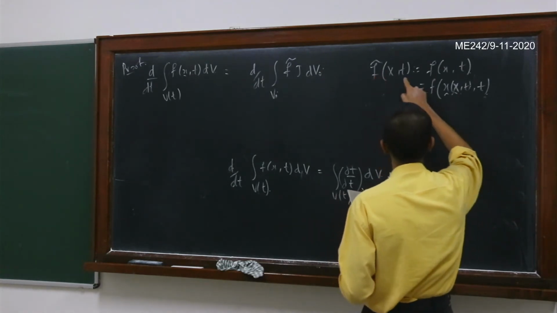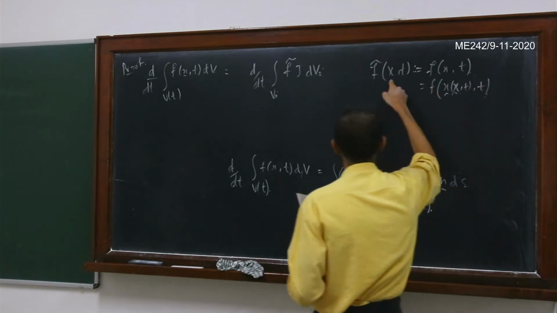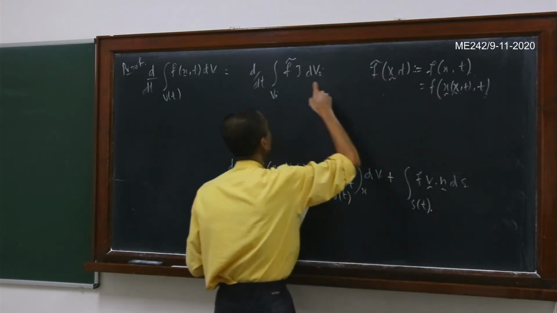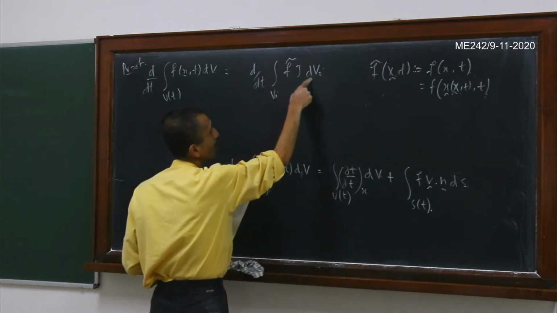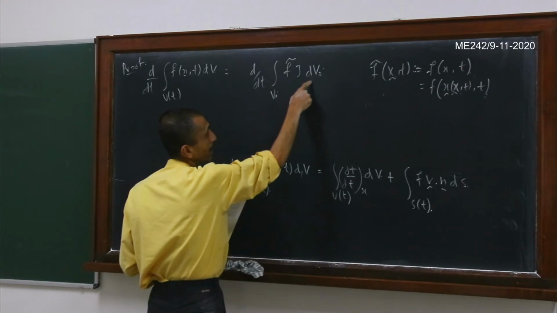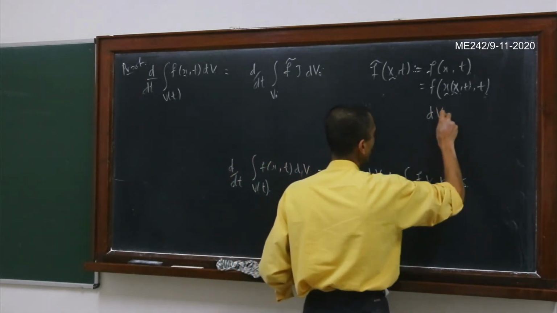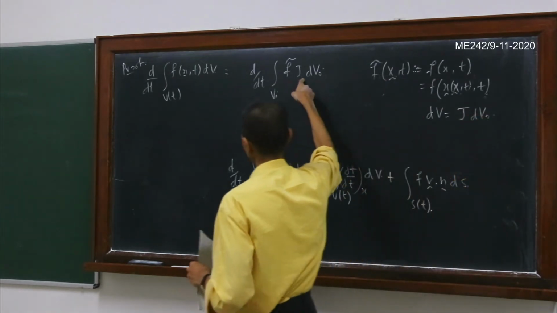So this f tilde is defined as this f of x comma t, but now it becomes a function of capital X. All I am doing is calling that f tilde, and we have also noted this relation earlier; in fact, I have proved that dv is equal to j times dv naught. That is the relation I am using.